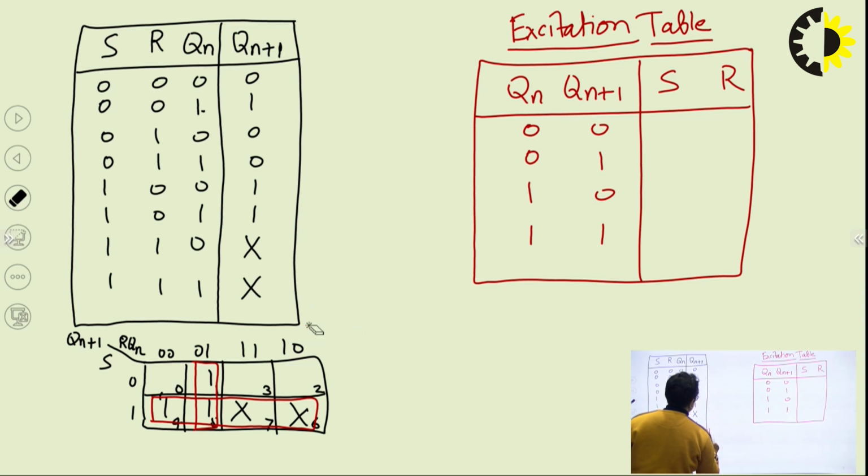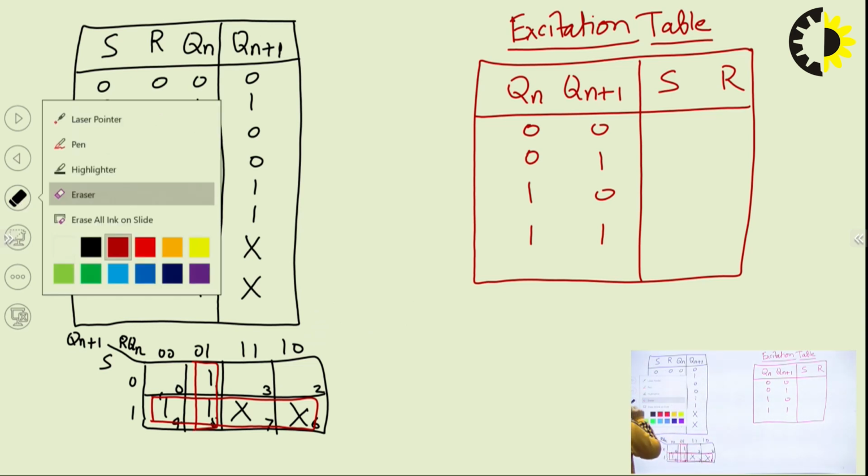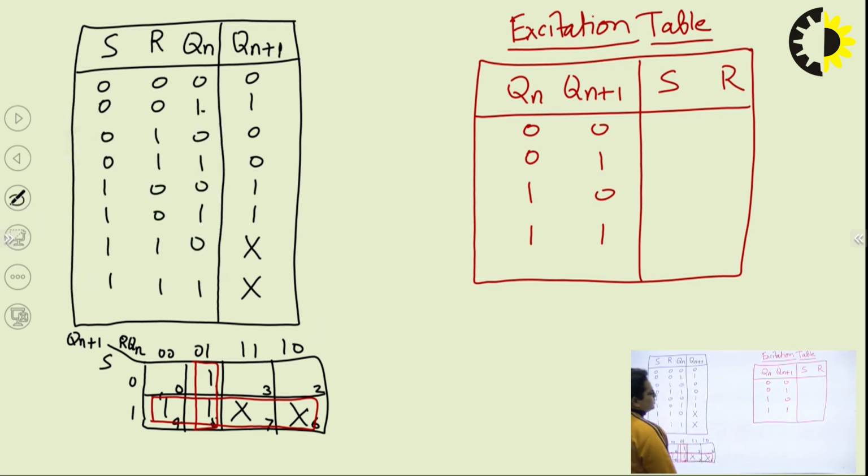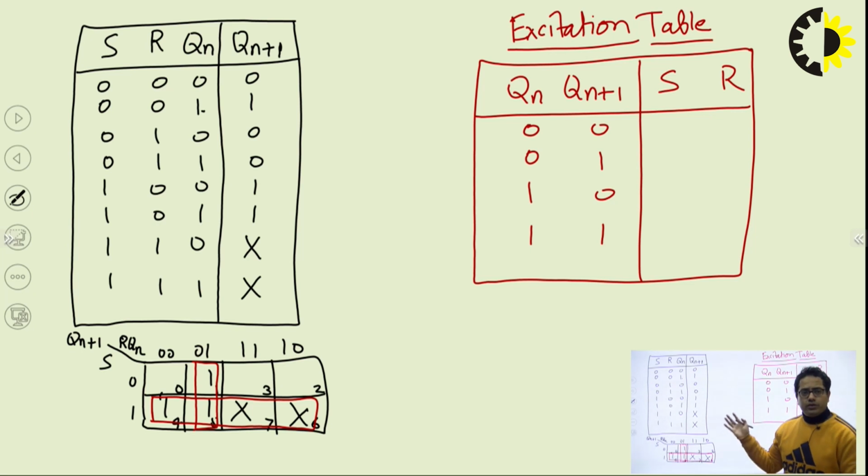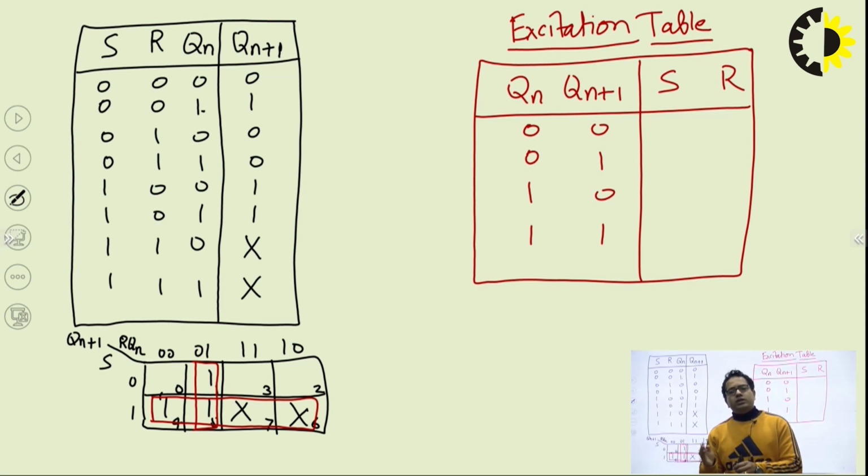In order to draw the excitation table, you have to draw the characteristic table. If you have drawn the characteristic table just adjacent to your excitation table, it will be easier for you to draw the excitation table correctly.